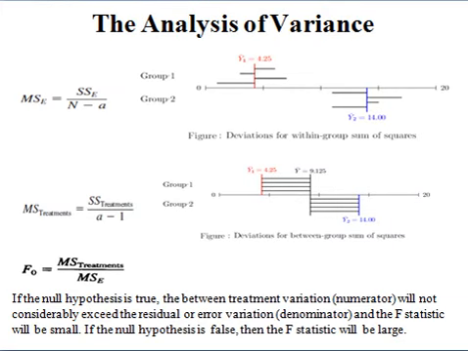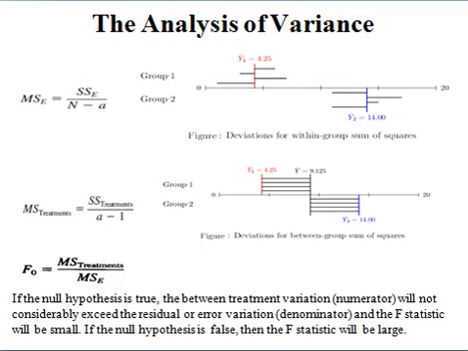Here you can see that the decision to reject or fail to reject the null hypothesis is made on the basis of the f value or p value.